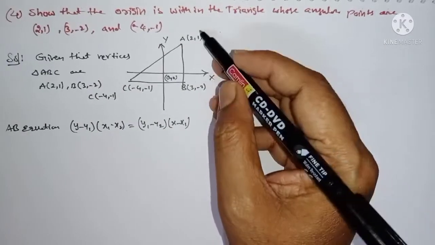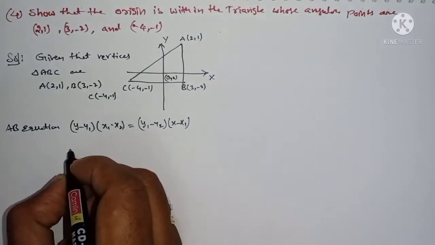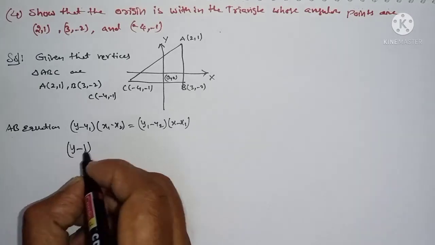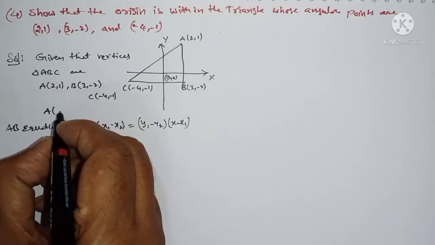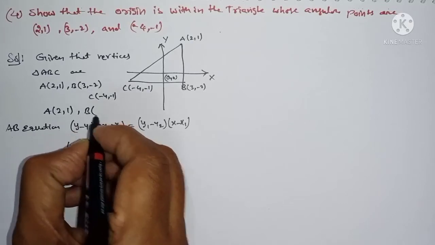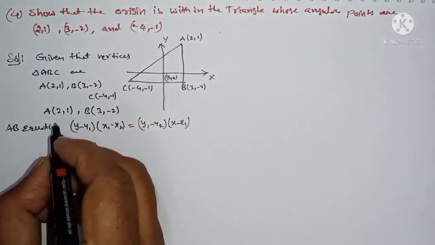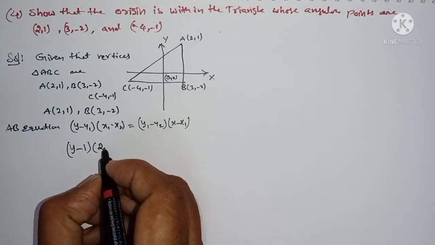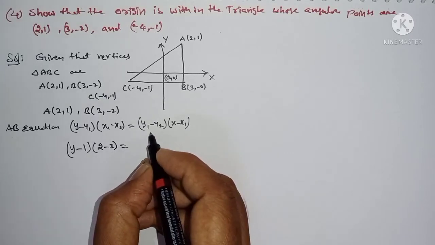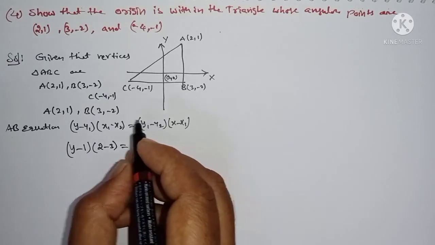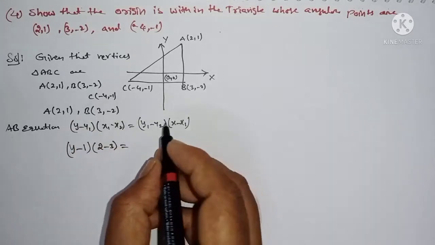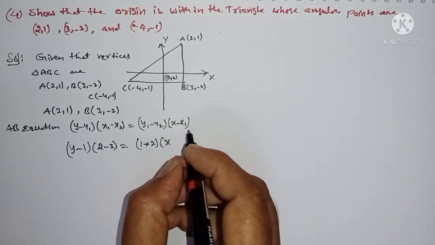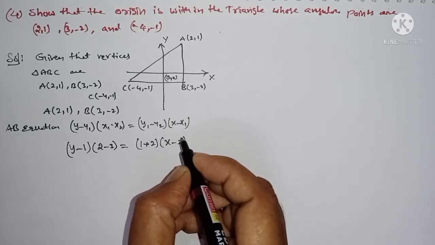You can substitute here: A of 2 comma 1 and B of 3 comma minus 2, x1 y1 x2 y2. x1 minus x2 is 2 minus 3, and y1 minus y2 is 1 minus of minus 2, that is plus 3.